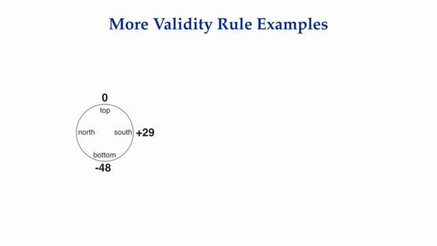Remember, the two numbers that are straddling the zero, when you add them together, should be equal to the number that is opposite of the zero. The two numbers straddling the zero are the north and south numbers. We don't know what the north number is, but we know the north number added to the south number should be equal to the bottom number, right? So on the north side, we should get a minus 77.